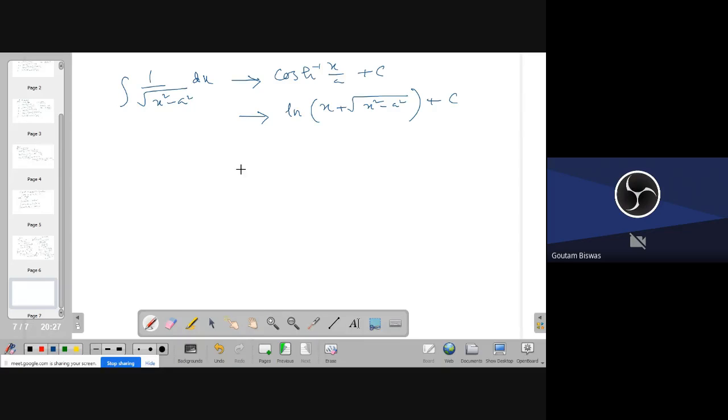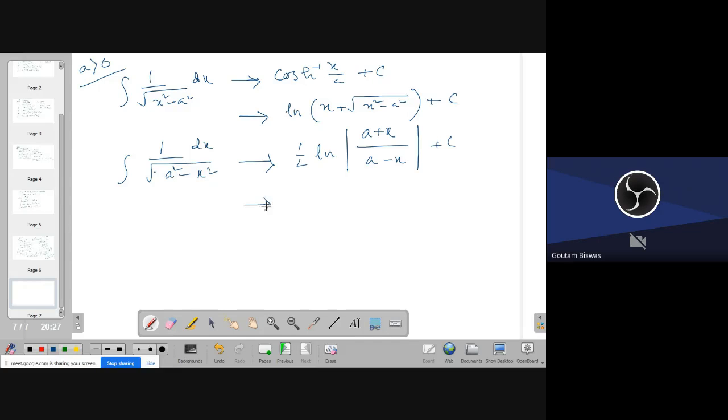Okay, and I can give you another one, 1 by root over a square minus x square dx. Remember this condition that a is always greater than 0. This will give you answers like this: half log modulus of (a plus x) divided by (a minus x) plus c.